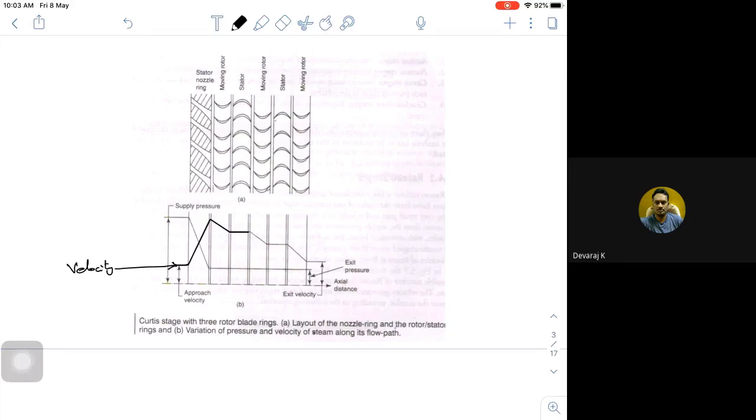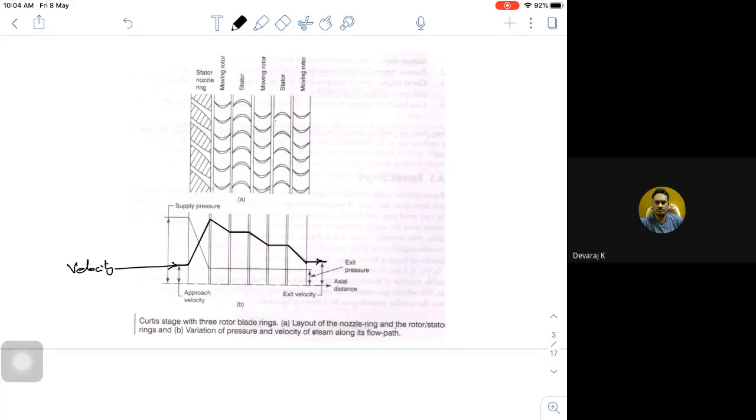But here what's happening? The velocity almost remains the same. Then the velocity is absorbed, kinetic energy is absorbed. Then the velocity remains the same in my intermediate stator. Then it absorbs and it goes out. This is about your velocity. Then what happened to your pressure?